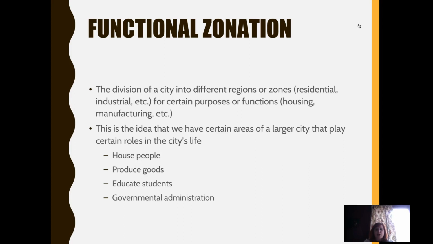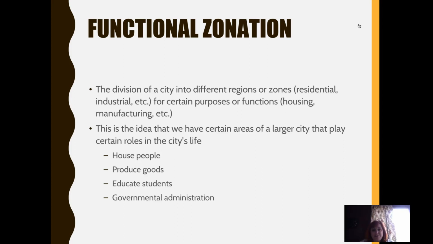So definitely larger cities do this. And the reason we have these specific areas in large cities is because it's more effective, when you're trying to house a lot of people, to cluster homes together rather than spread them all out willy-nilly. It makes it easier to produce goods because of agglomeration. You're going to want to be near businesses to help cut down costs.